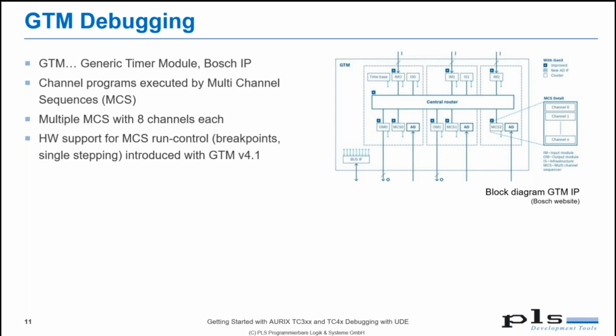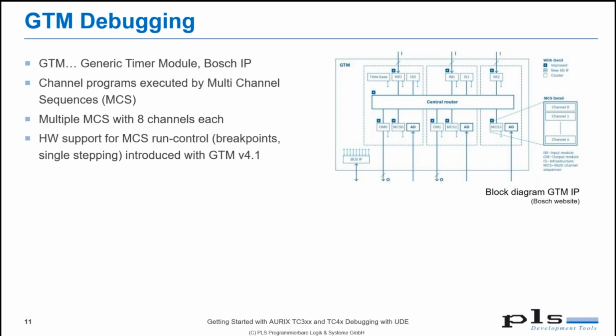You can write channel programs that are executed in a round-robin manner by the channels. There are 8 channels in each MCS, so you can execute up to 8 channel programs. And these channel programs can also be debugged in UDE.